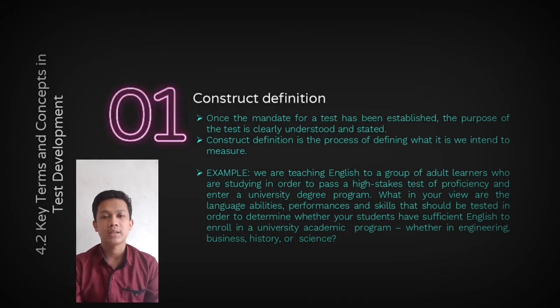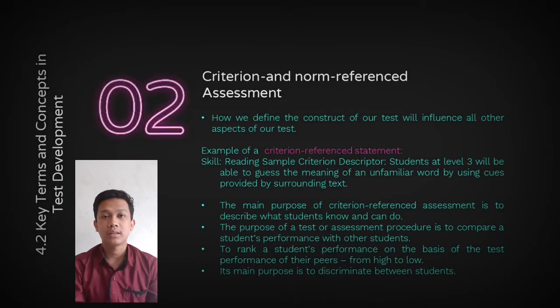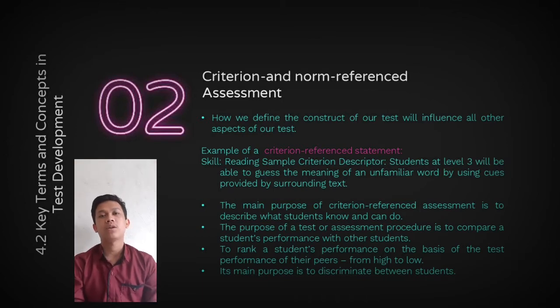Then next, criterion and norm reference assessment. In this part, we are going to define what criterion and norm reference assessment are. From the book, the statement is that how we define the construct of our test will influence all other aspects of our test.